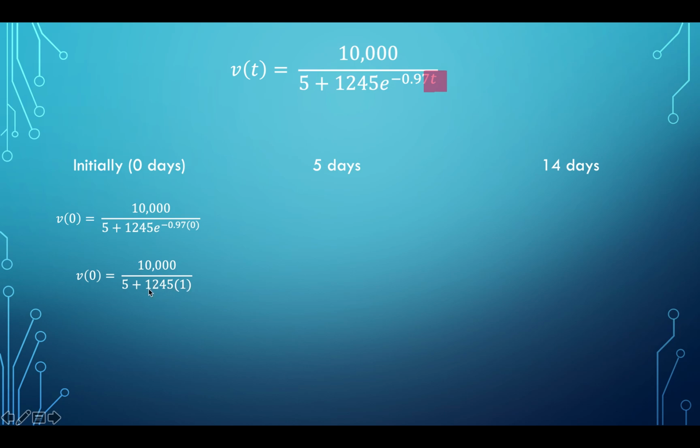Now I multiply 1,245 times 1, then add 5, and then I do 10,000 over 1,250. I do that in my calculator and I get 8. So initially, at V(0), at 0 days, there were 8 people sick with the chickenpox.